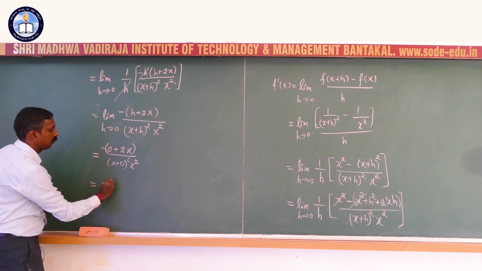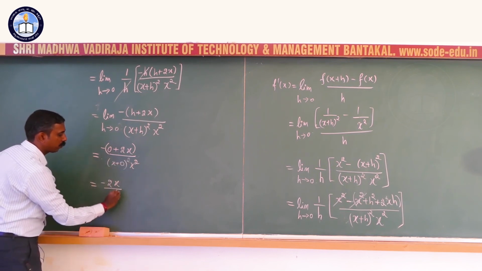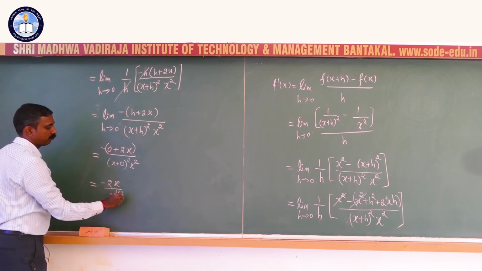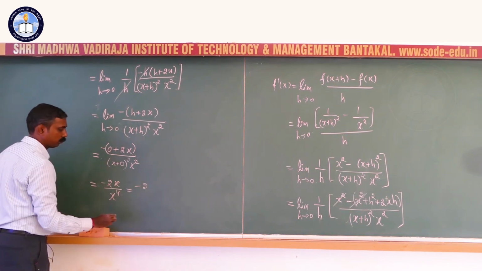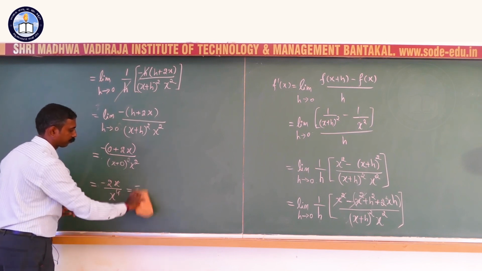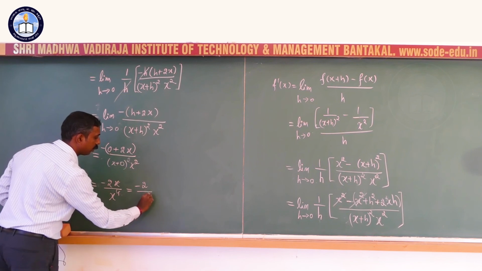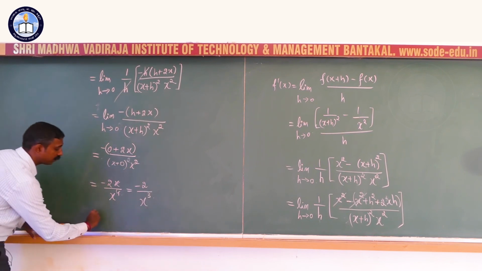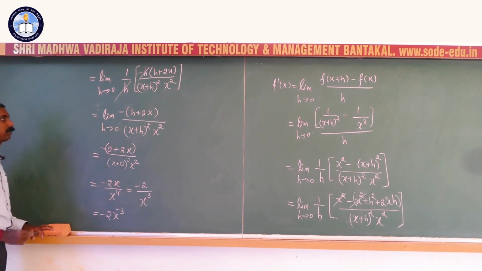This is same as minus 2x divided by x square into x square, x power 4. So, x and x cancel. What remains? x cube. So, this is nothing but minus 2 divided by x cube. Minus 2 divided by x cube is nothing but minus 2 x to the power minus 3.